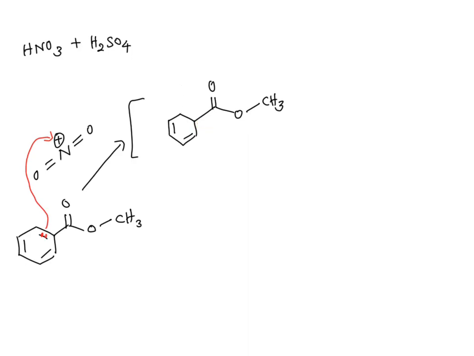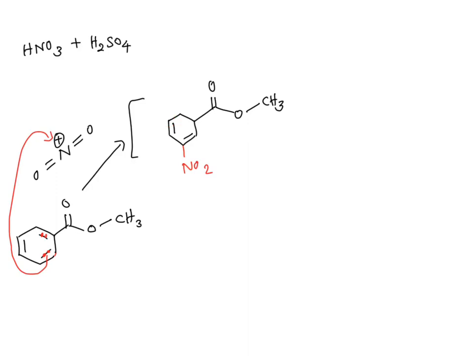Now instead of moving the electrons from here, let's move the electrons from here. Right. These electrons are moved to the nitrogen and place the nitro group here, NO2. You can also do that on this carbon, right?